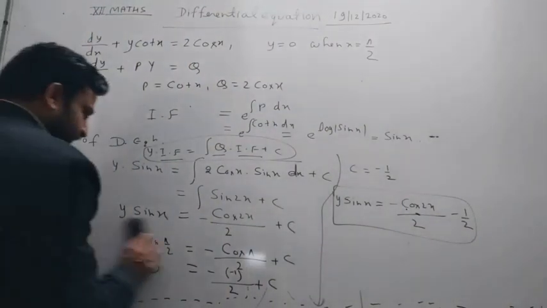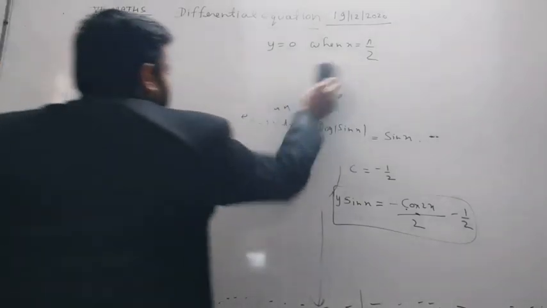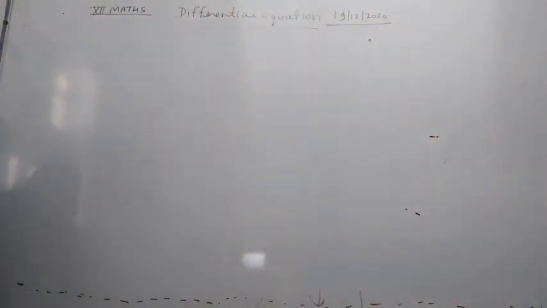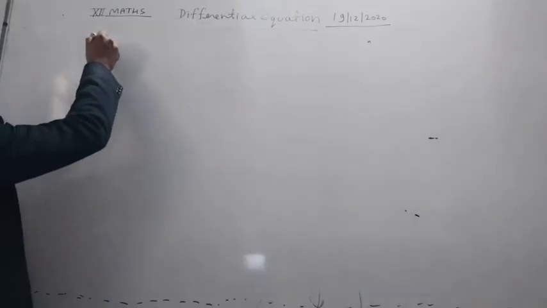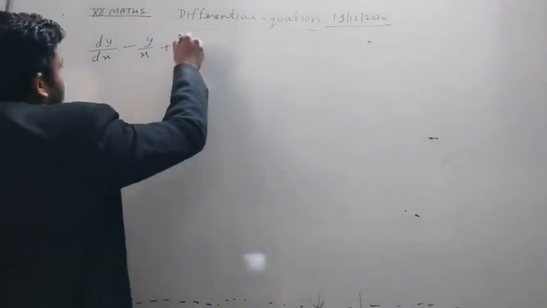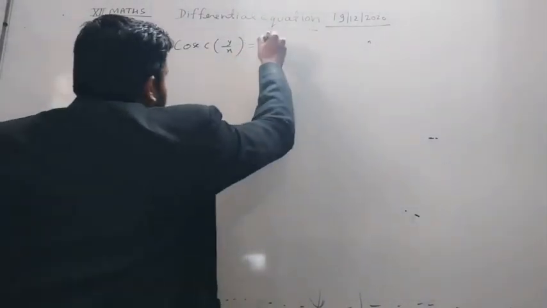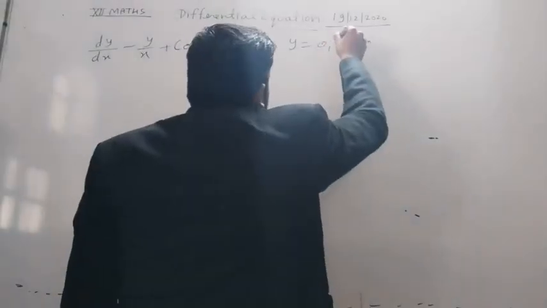Now we see the next question. The next question is: find the particular solution satisfying the given condition for the following differential equation, dy by dx minus y by x plus cosec of y by x is equal to 0, where y is 0 and x is 1.